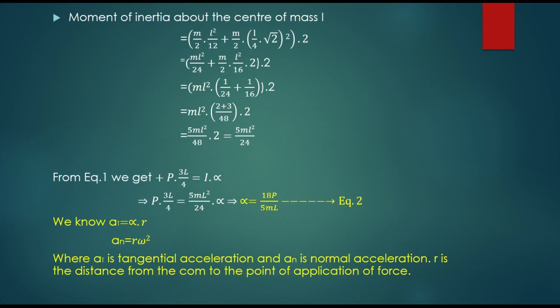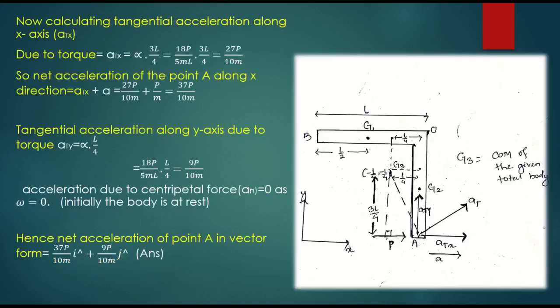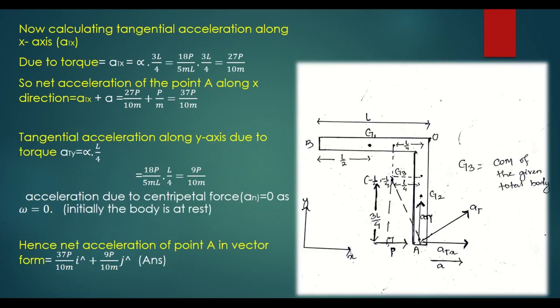Also we know that the tangential acceleration at is equal to alpha into r, and the centripetal, or normal, acceleration an is equal to r into omega square, where r is the distance from the center of mass to the point of application of the force.